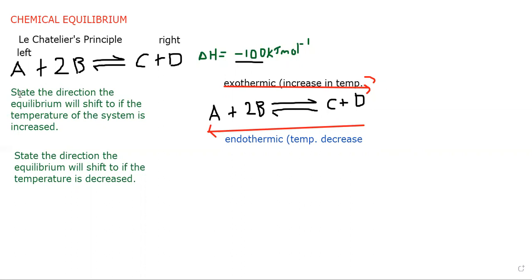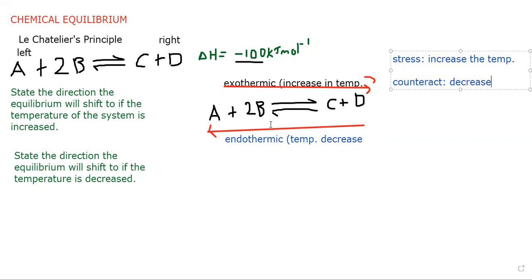Look, the first question says, state the direction the equilibrium will shift if the temperature of the system is increased. So the stress is that we increase the temperature. That means the counteraction that the system will do is to decrease the temperature. Which direction results in a decrease in the temperature?